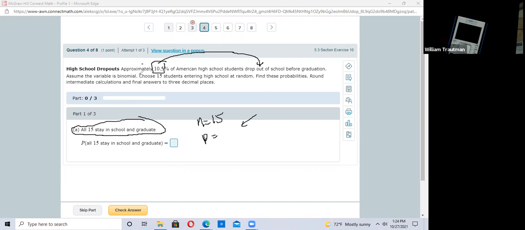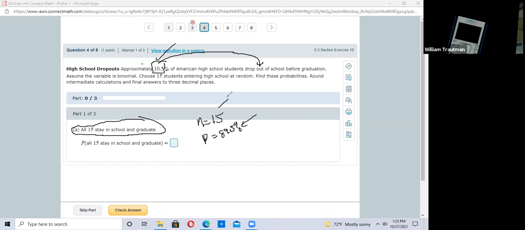So if you take 100% minus 10.5, you get 89.5 graduate. 10.5 is the dropouts. 89.5 are the people who graduate. Do you see the opposite percentage in this case? Yes, sir. So it's really important to read these very carefully. They don't always give you all the information you want. You have to find it.